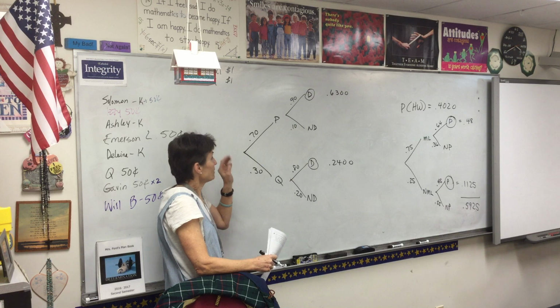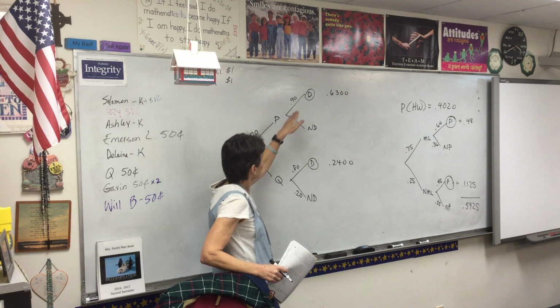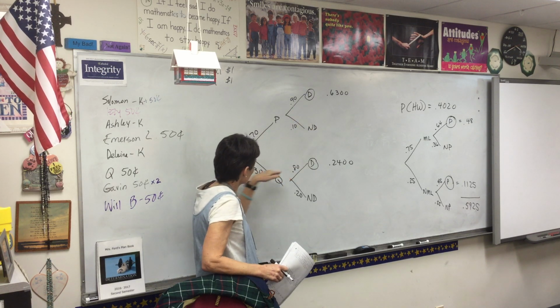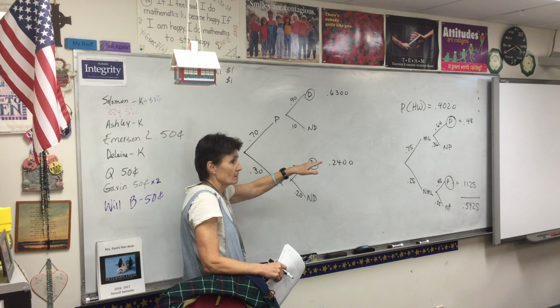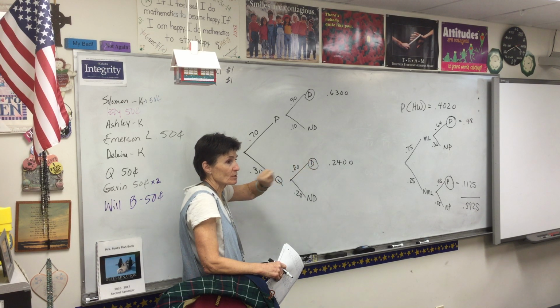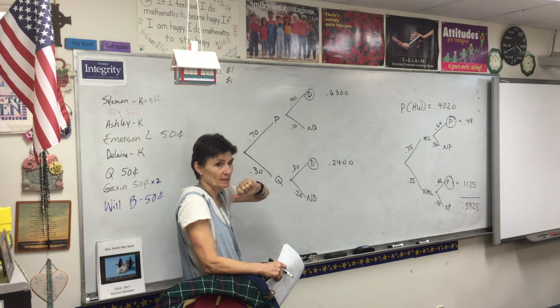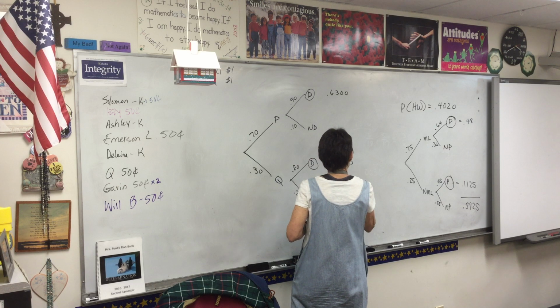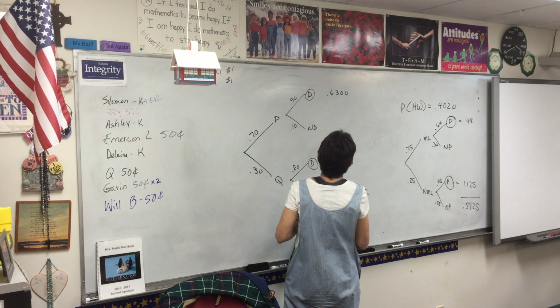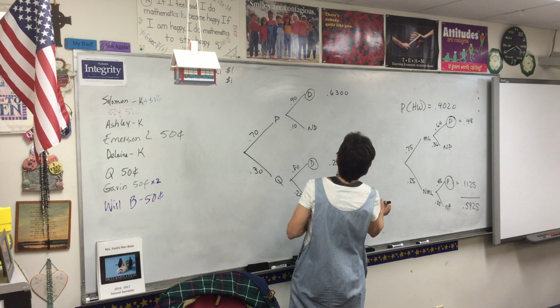Those would be 0.7 times 0.9, 0.3 times 0.8. Is that right? Now what do I do with those two numbers? I want the total probability of being delicious. I'm going to add them. So the probability of getting a delicious banana is 0.87.